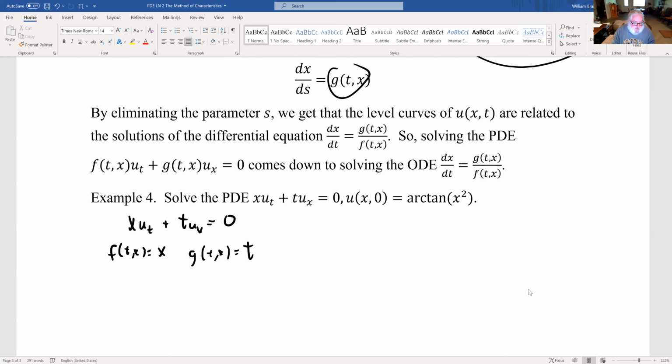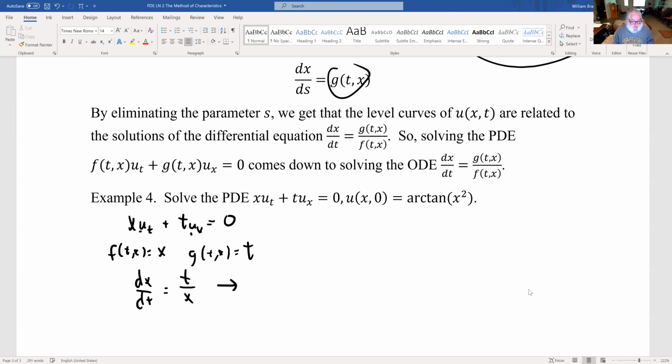And we want g over f, the coefficient of u sub x divided by the coefficient of u sub t. So we want dx/dt to be equal to t over x.